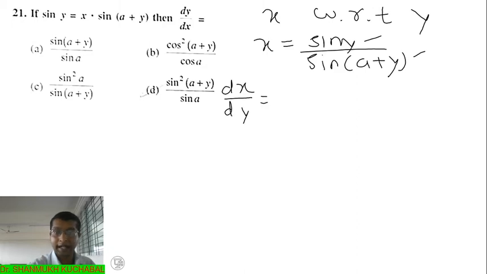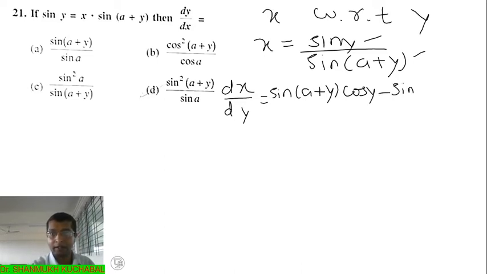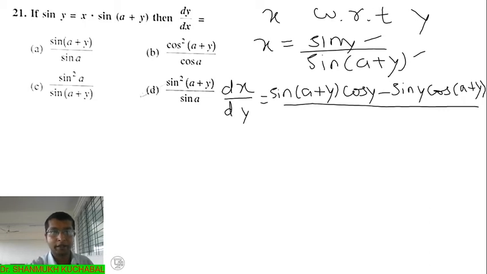The denominator stays as sin(a plus y), and the numerator's derivative is cos y, minus the numerator sin y times the derivative of the denominator, cos(a plus y), and the whole is divided by the denominator squared, that is sin square(a plus y).